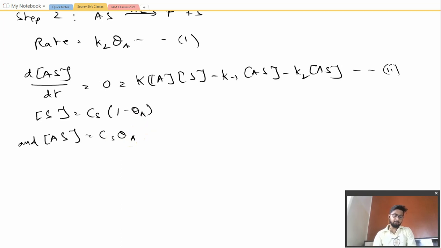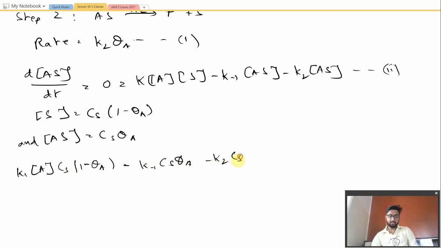Putting these values in equation number 2, we get K1 into A into CS into 1 minus theta A minus K minus 1 CS theta A minus K2 CS theta A is equal to 0.